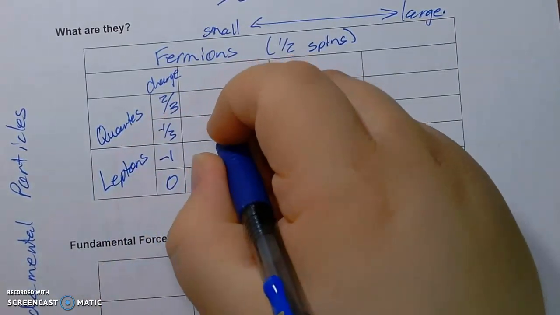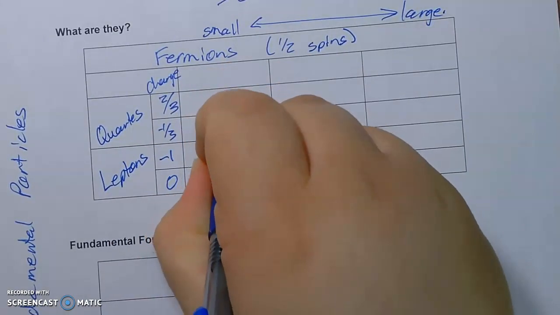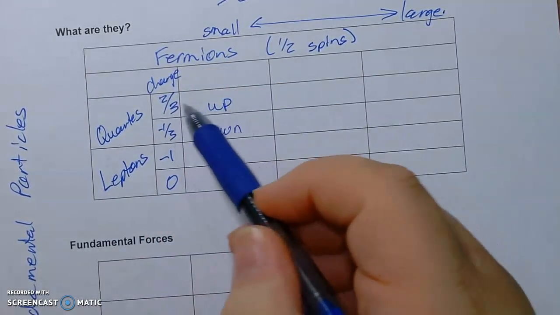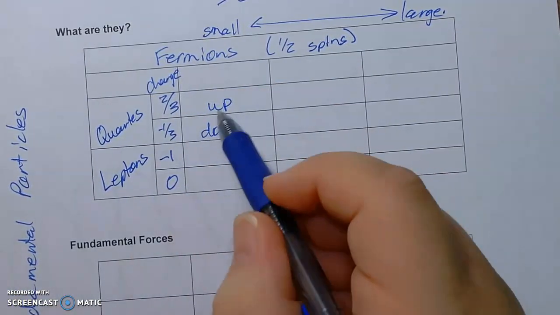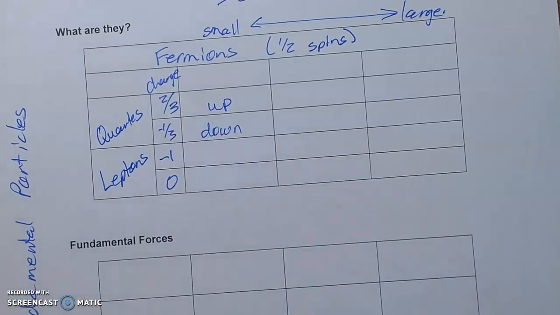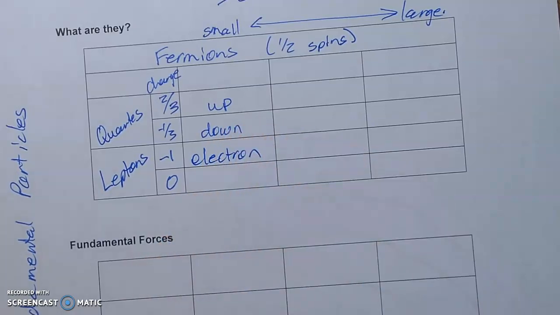So the main ones that we deal with are the up quark and the down quark. Those make up our protons and our neutrons, and two up quarks and one down quark make a +1, so that's a proton. One up, two down makes a 0 charge, so that's our neutron. And then we get our electron, which is actually a subatomic particle. It's a lepton.